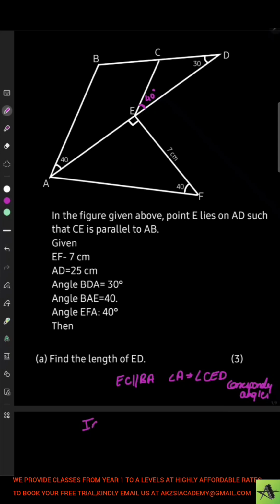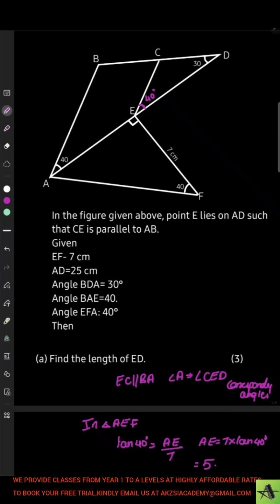I'm applying trigonometry in this triangle, which is triangle AEF. So in triangle AEF, tan 40 is equal to opposite over adjacent. Opposite is AE, adjacent is 7. So finally AE will be 7 times tan 40, which is 5.87.